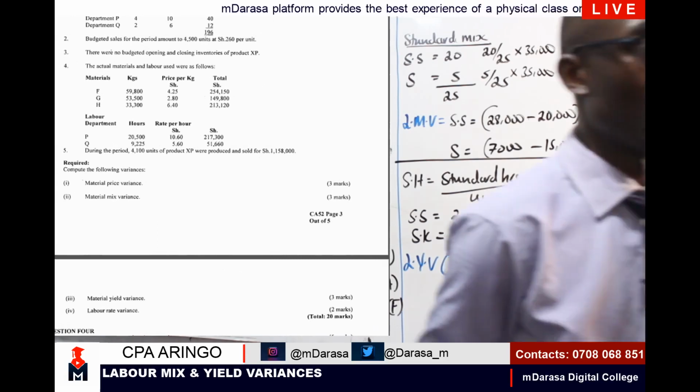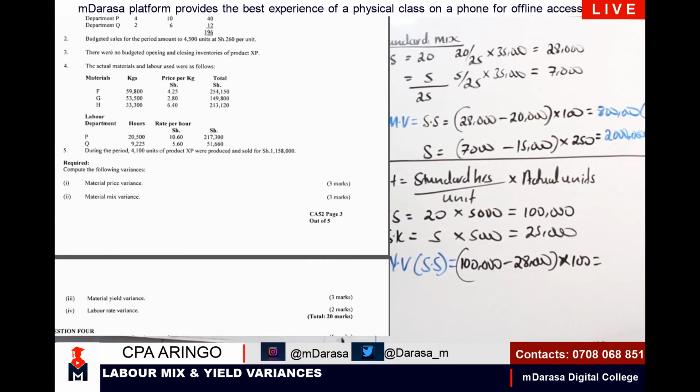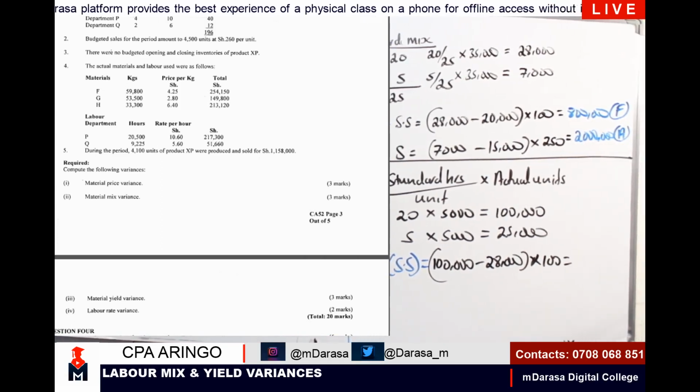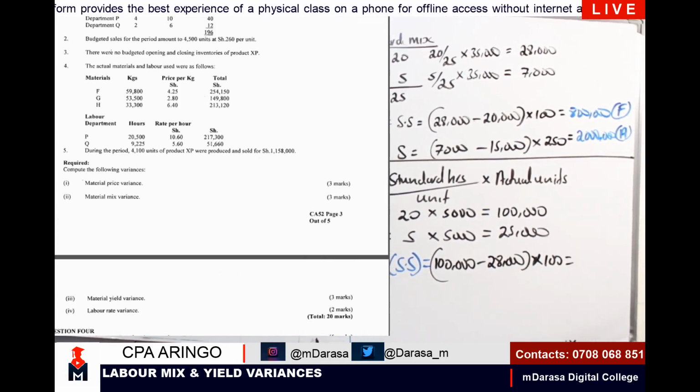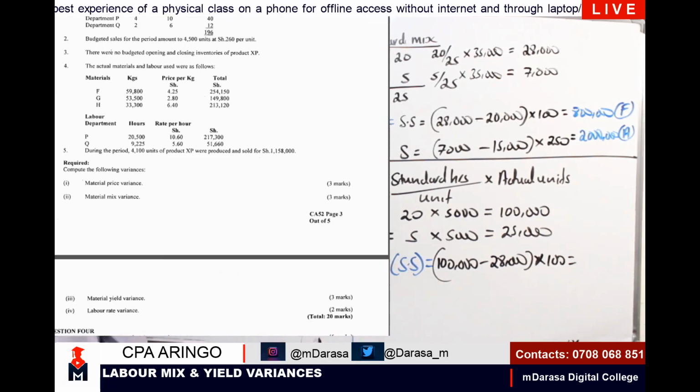Let Mwalimu do his work and give us our yield variance. So allow me to erase this bit. These are what you had in our previous question.